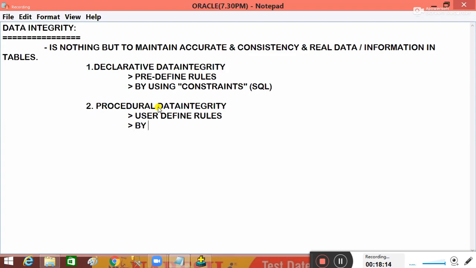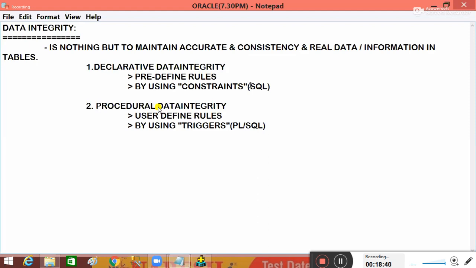But how can I implement that? One of the concepts here is triggers, and triggers are a part of the PLSQL language. So that is the second part. These two concepts, constraints and triggers, we use to implement the data integrity mechanism.